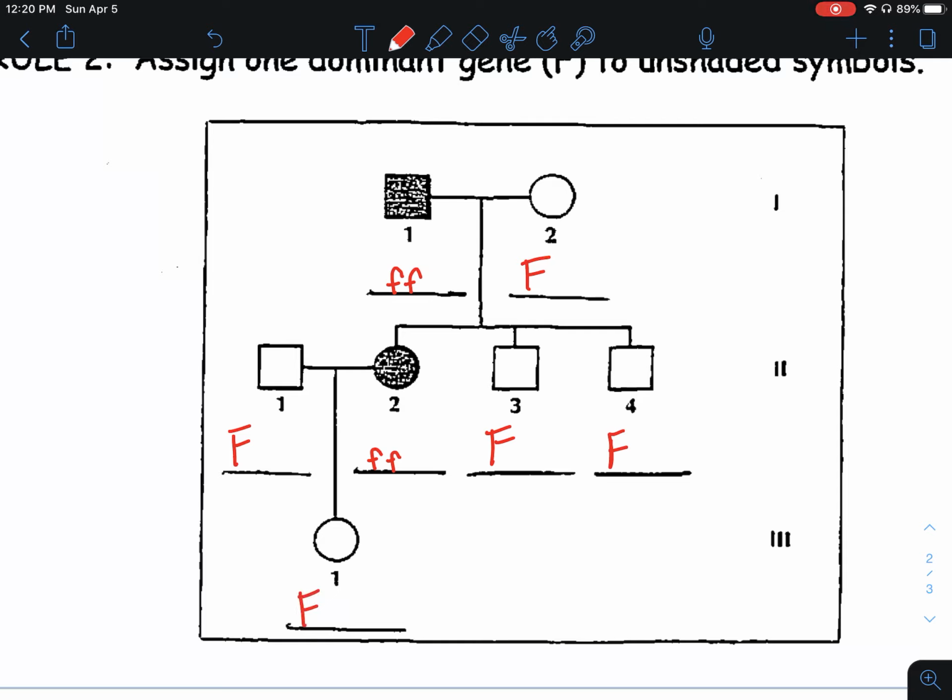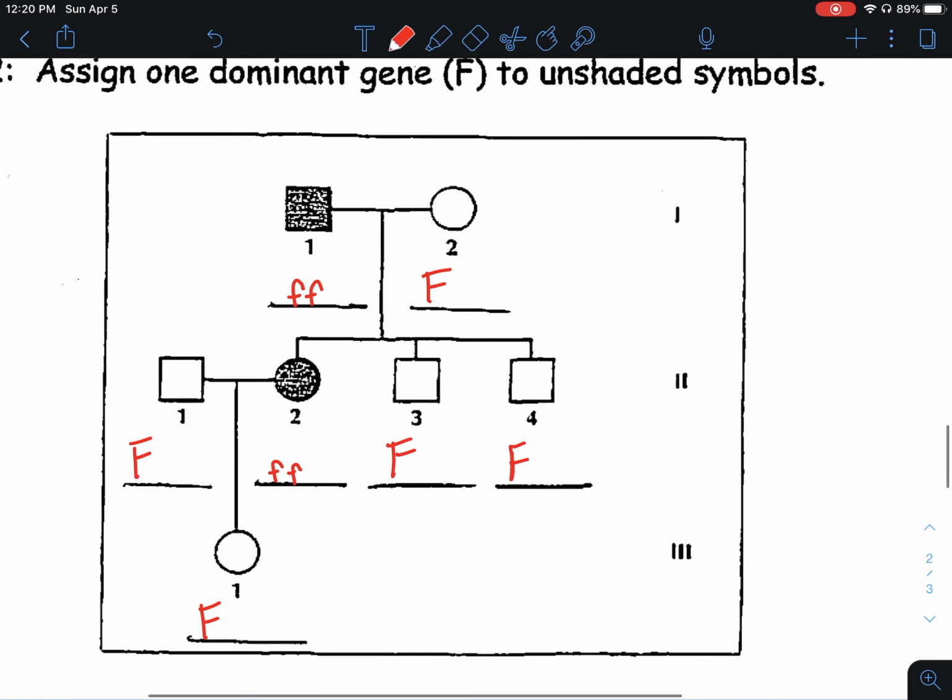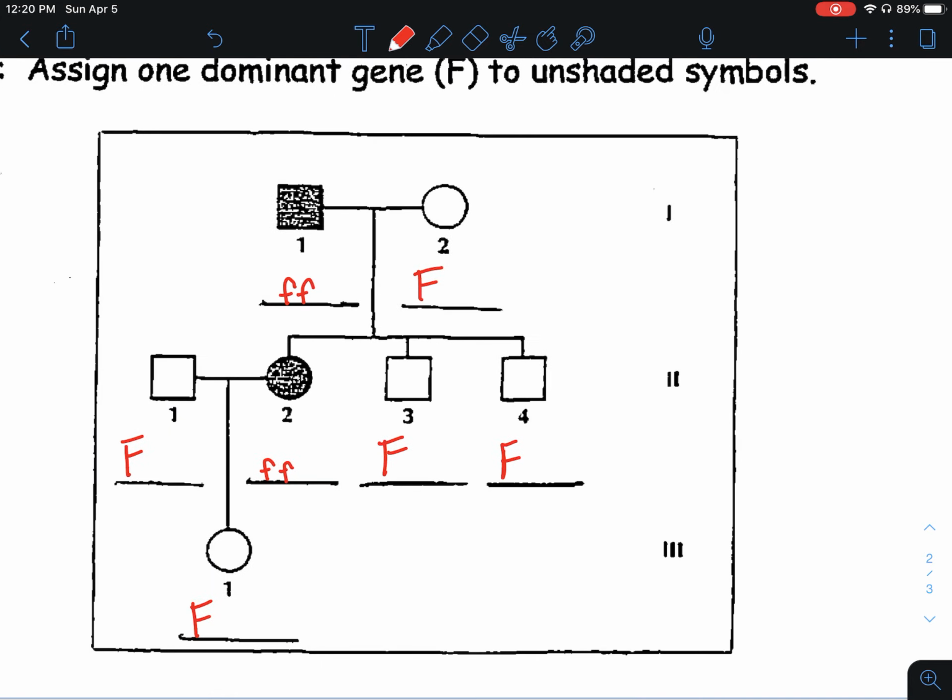But we can go a little bit further. We can think Punnett squares here. Look at the cross between mom and dad. We'll put mom up top and dad down here. What's really telling is that one of their offspring has the trait, so has a lowercase f. That tells us what this second allele would be.